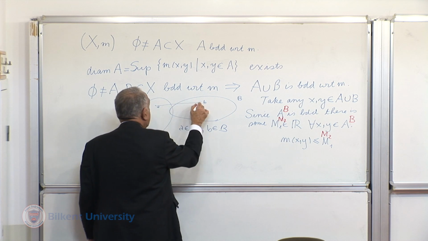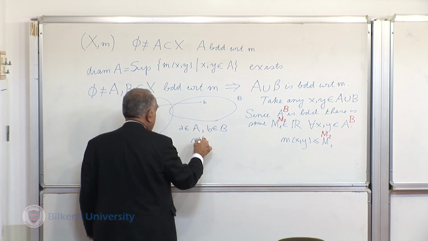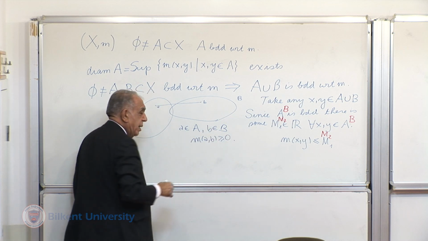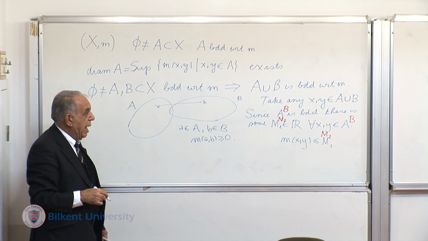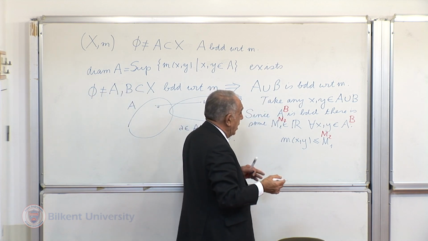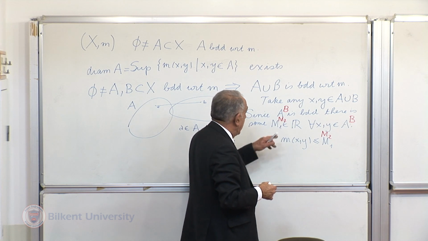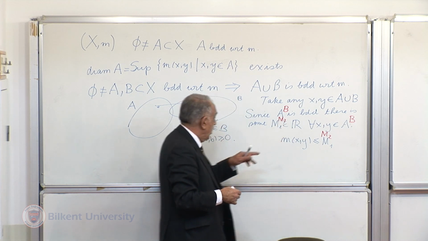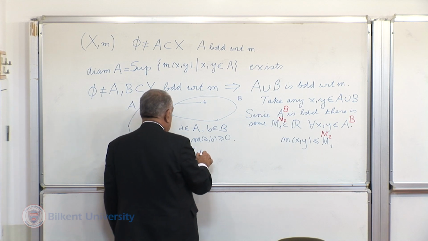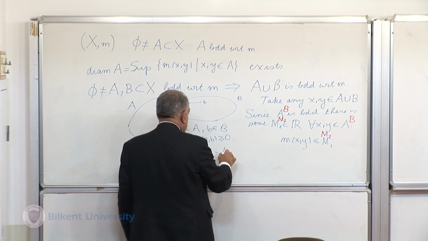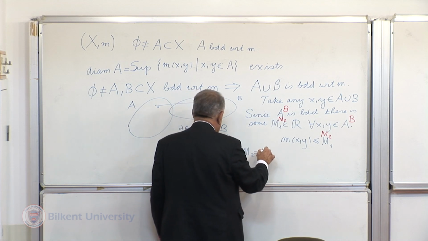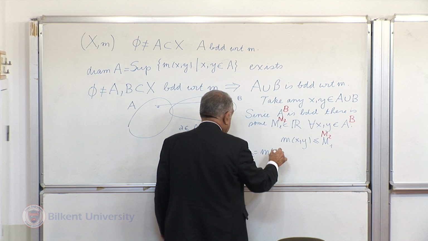So they have a particular distance, M(a,b), that will be larger than or equal to 0. Now, a bound for A union B, well, clearly then will be M1 plus M2 plus this distance. So set L equal to M1 plus M2 plus M(a,b).